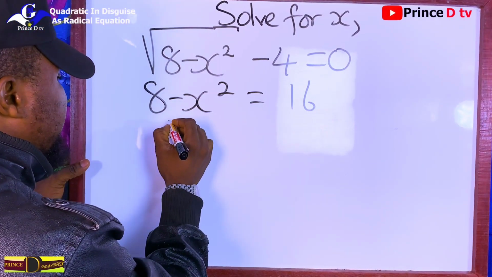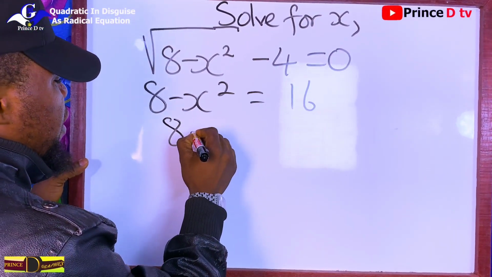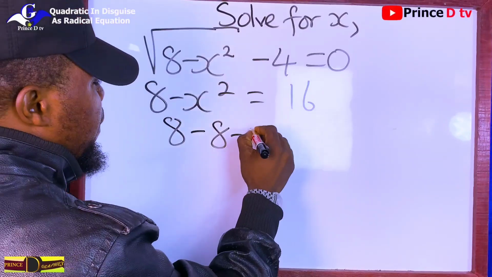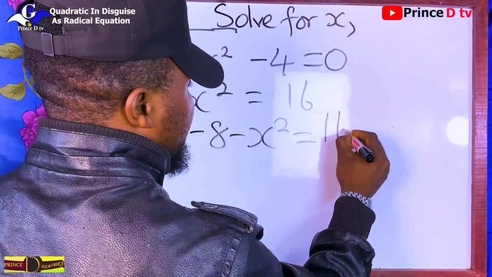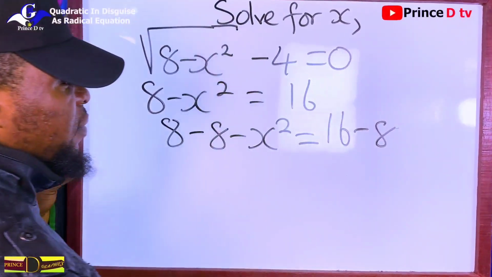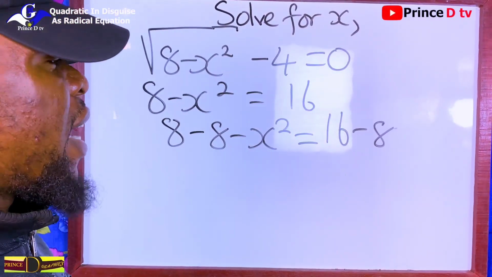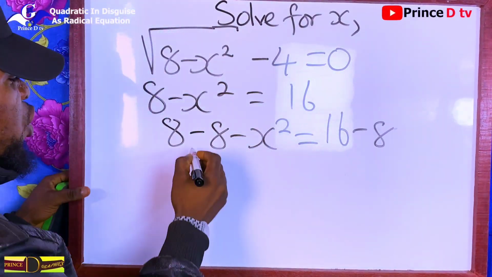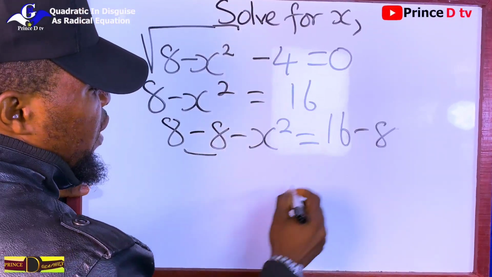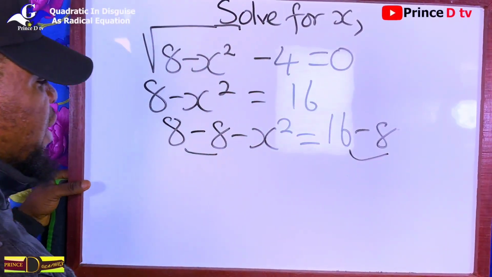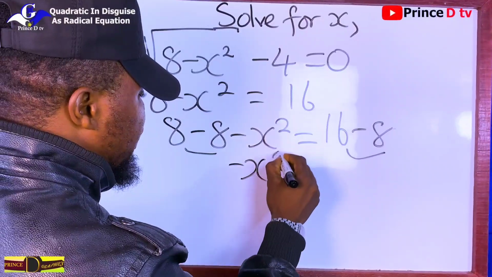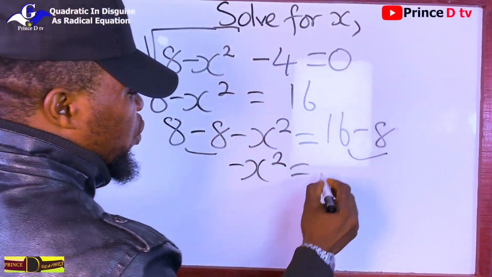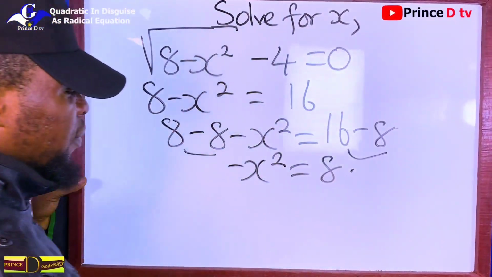So now we have 8 minus 8 minus x squared should be equal to 16 minus 8, subtracting 8 from both sides of the equation. So 8 minus 8, that's 0. 16 minus 8, that's 8. So we are left with minus x squared, that's equal to 8.